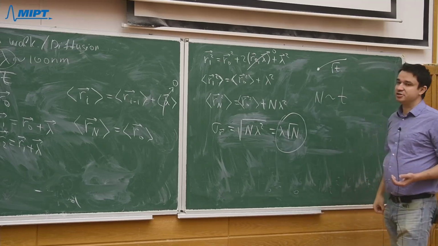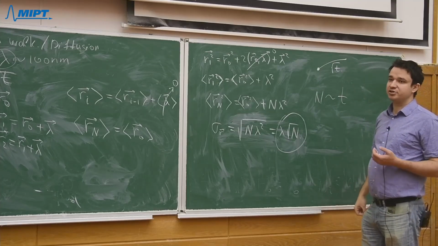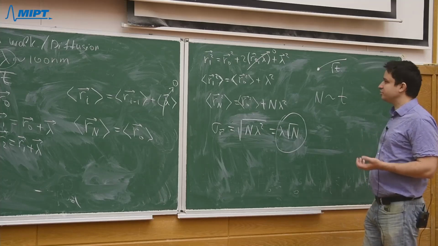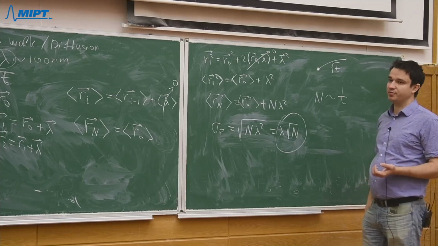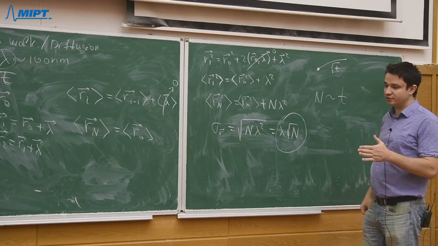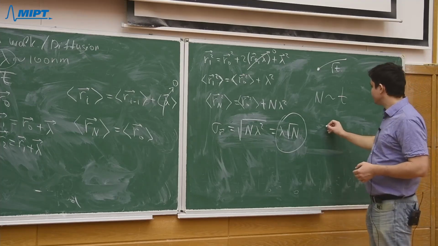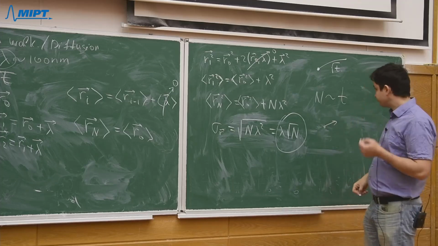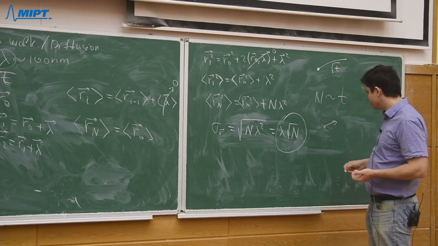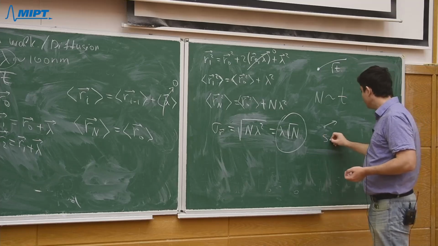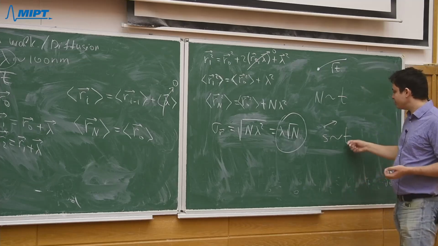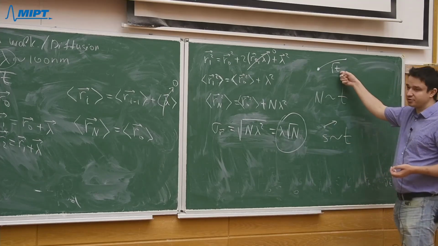And as you see, it's very much different from the law which describes the macroscopic motion or drift motion. In the case of drift motion, if you have some kind of a common velocity for all of the particles, then of course the displacement of the particle would be directly proportional to the time, not the square root of time, but time.